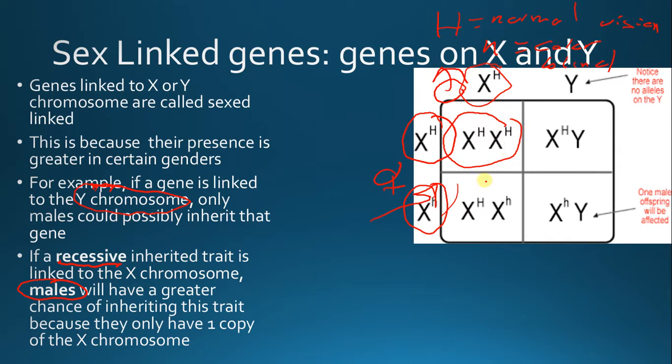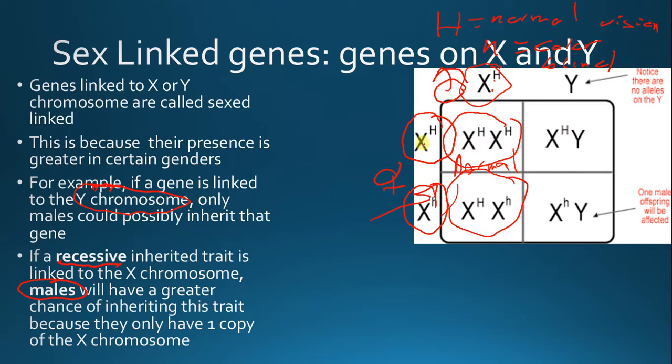None of the females on this side will be colorblind, guaranteed, because they will get 1 X from their father, 1 X from their mother, and the 1 X from their father is always going to have the dominant allele, so they will always have normal vision. However, if it is a male, there's a 50-50 chance they will be colorblind.